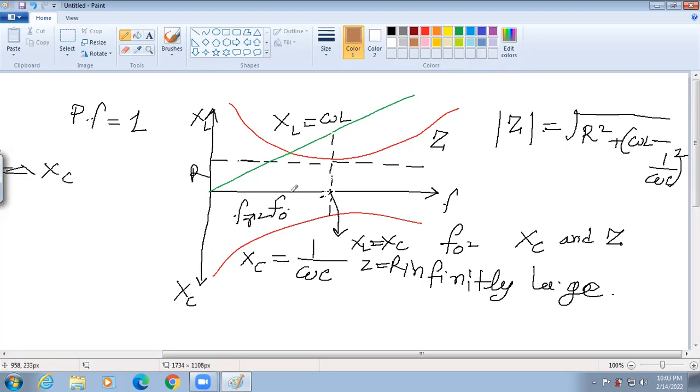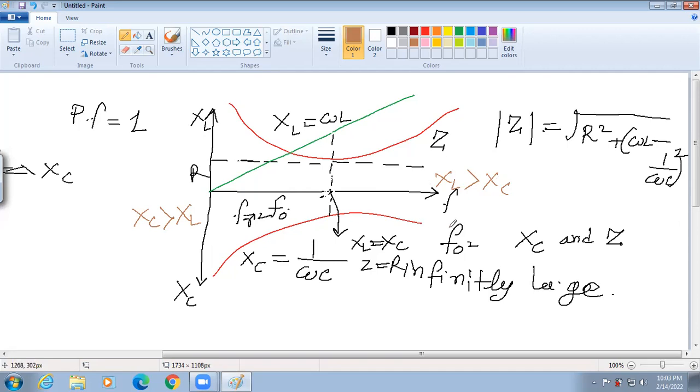Below the resonance frequency, XC is greater than XL. But in this region, above the resonance frequency, XL is greater than XC. So this is the inductive current.